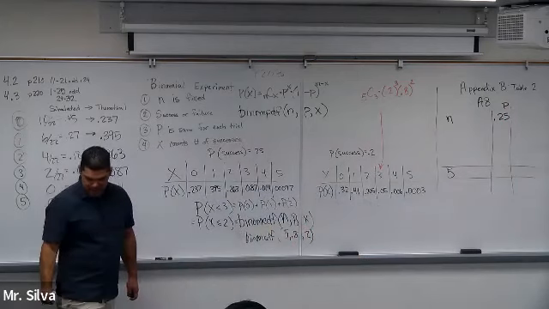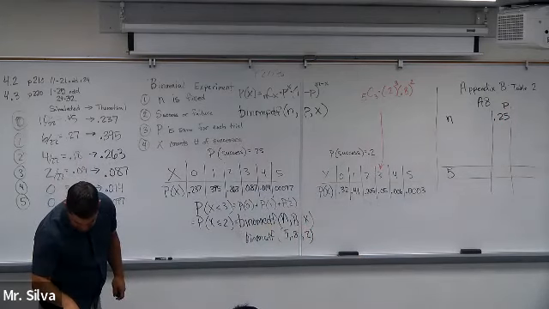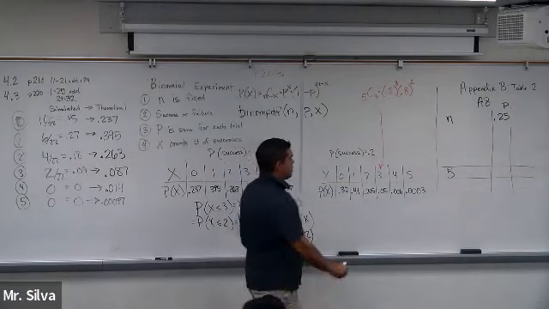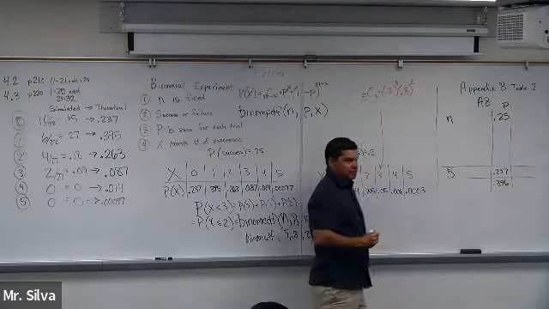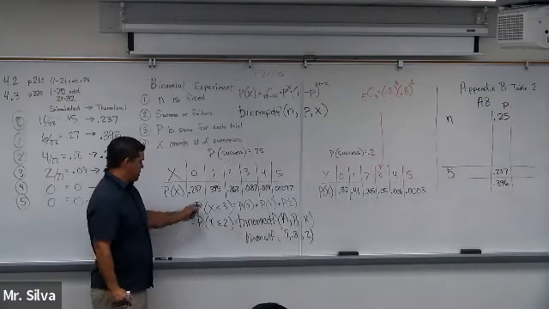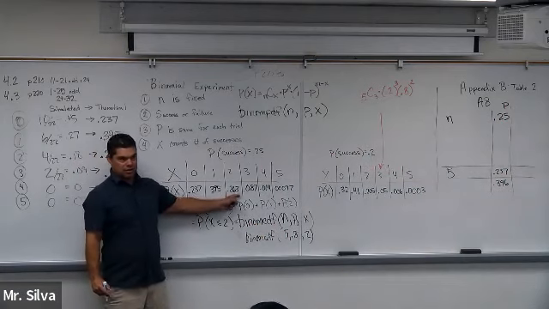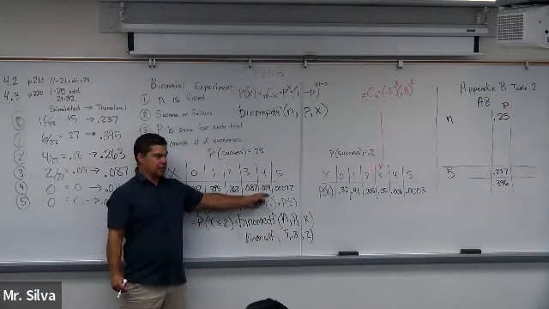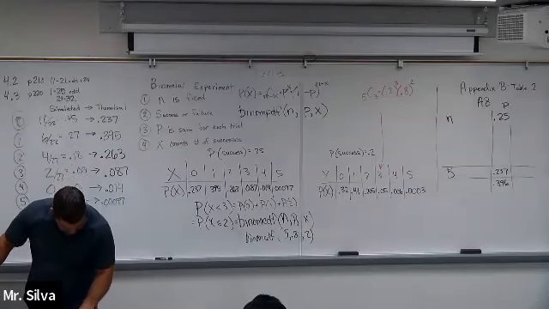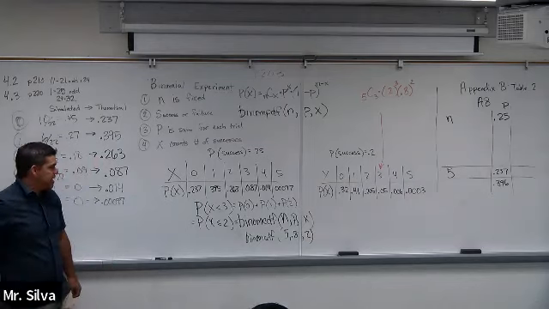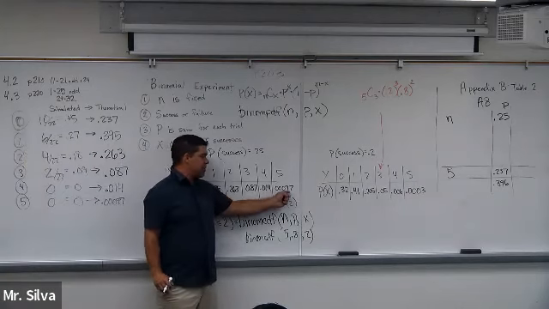And where those things meet, you're going to see 0.237, 0.396. You see those numbers? What are those numbers? They're right here. Does that make sense? Okay, the only thing that the table does not have is the last probability. It says 0.001. So they rounded that last one to 0.001.